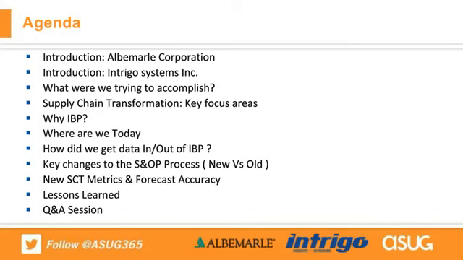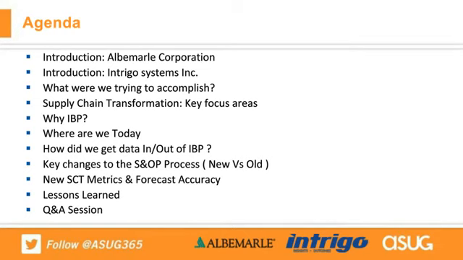They're our implementation partner from the beginning of our project, and then talk about what we were trying to accomplish in our supply chain transformation, what were the key focus areas, why we selected the S&OP tool, now named IBP, what's our status today, and then master data, key changes, some of the metrics, and then lessons learned. And hopefully we can make this interactive and we can go in whatever direction the audience wants. So, okay?